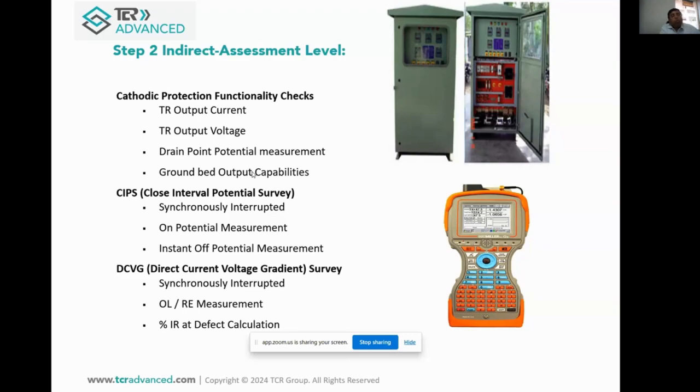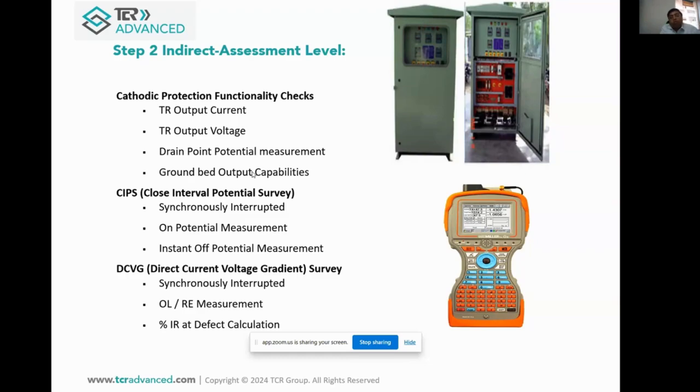You will not know where the corrosion is happening, why, and for what reason. You have to rely on data, and this data you can only get from an indirect assessment level by checking cathodic protection functionality, or by doing a coating integrity survey known as CIPS, or a DCVG survey.